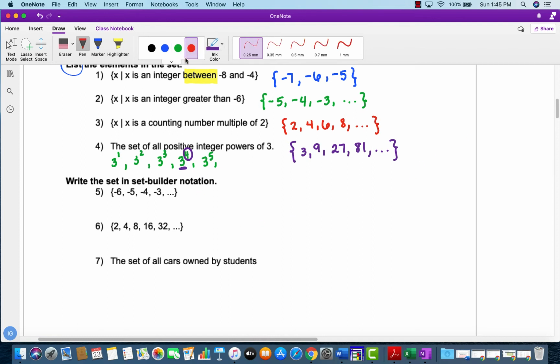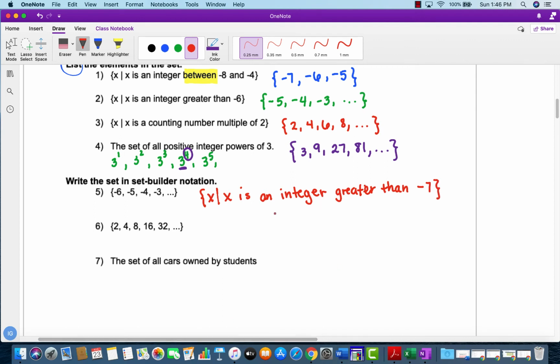So to write this, we write x such that x is an integer, because we have negative numbers and it keeps going to the positive, greater than the previous one, so greater than -7.